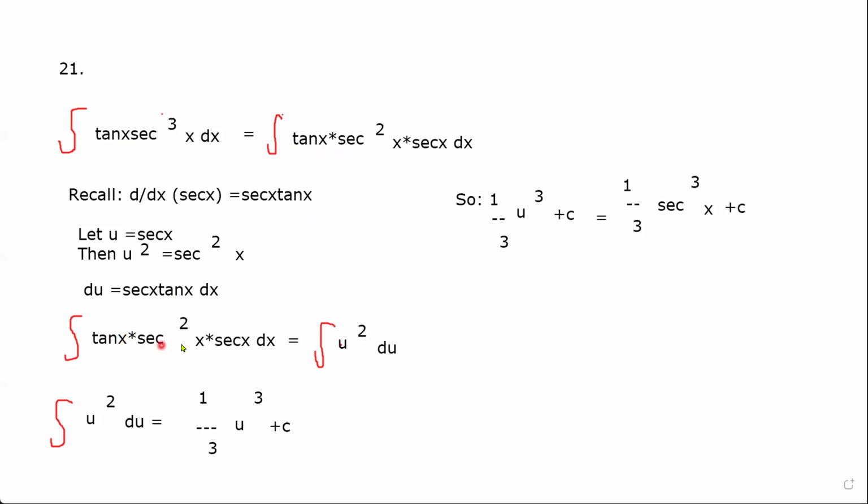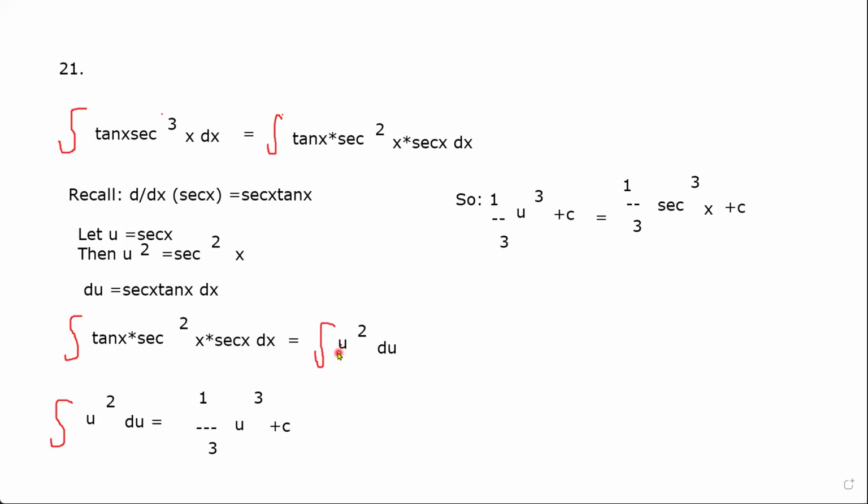If I have tangent x times secant x, times another secant x, this just becomes u squared, that's my secant squared. And then I have tangent secant dx, which is du.